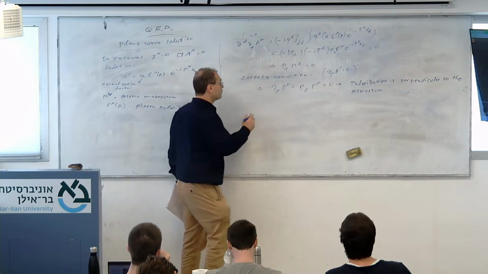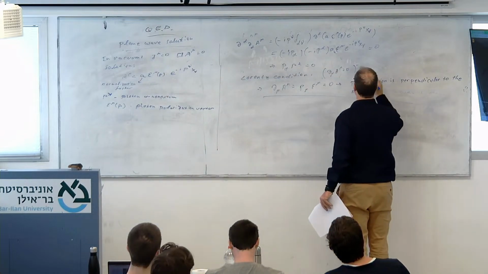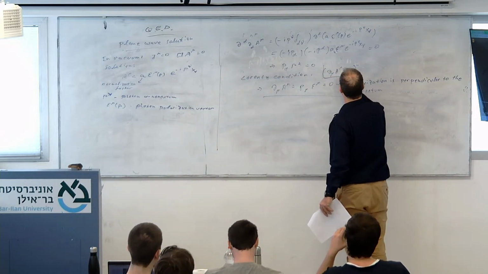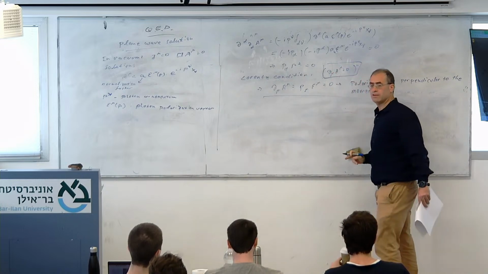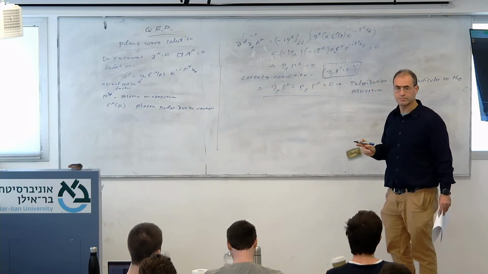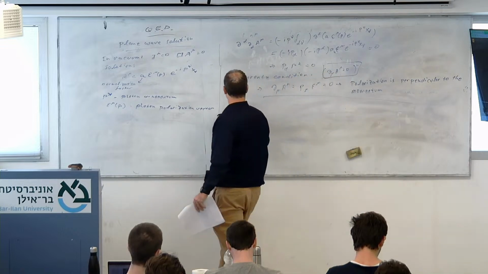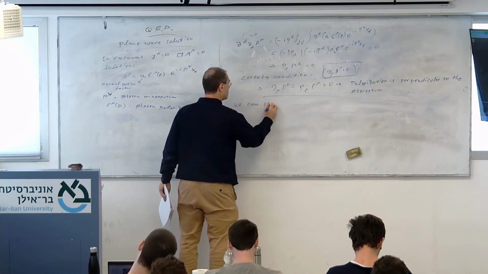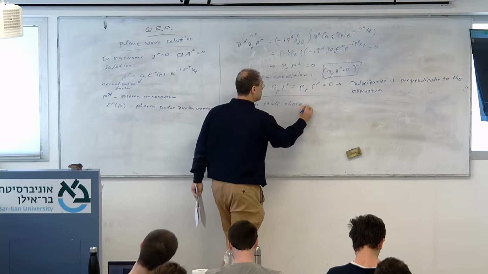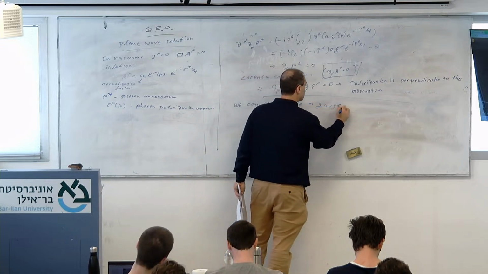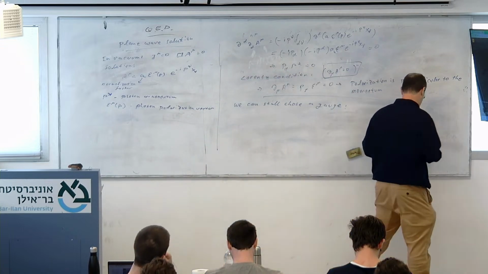We still have one extra degree of freedom. So this is the Lorentz condition, but since this is the Lorentz condition, there is a choice of gauge. We can still choose a gauge.